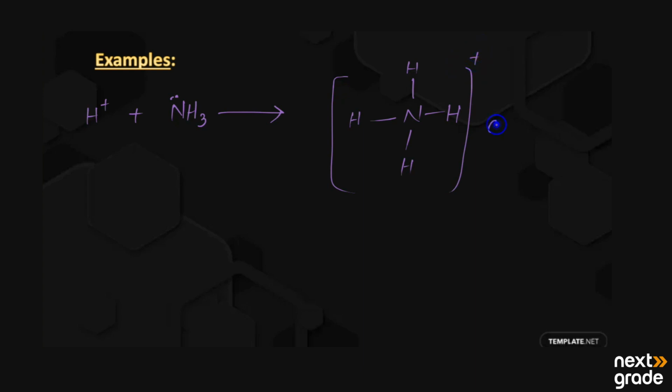Here H positive is electron deficient, it is a cation, and in this reaction it has accepted the electron pair, so it is known as the Lewis acid. And NH3, ammonia, has a lone pair and its octet is already complete.